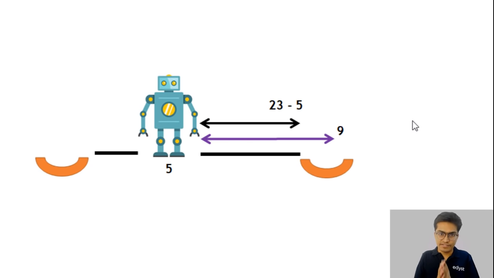Now that you are at 15, you're going to end up taking one forward step by 9 units, which is 24. But your front ditch here is at 23. So that one front step is going to end up putting you inside the ditch.